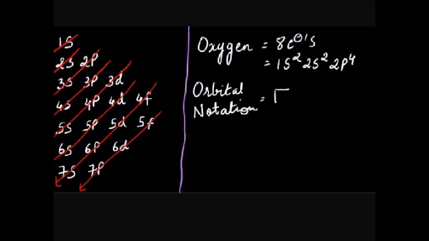We first draw 1s, then 2s, and then 2p. We then name them.